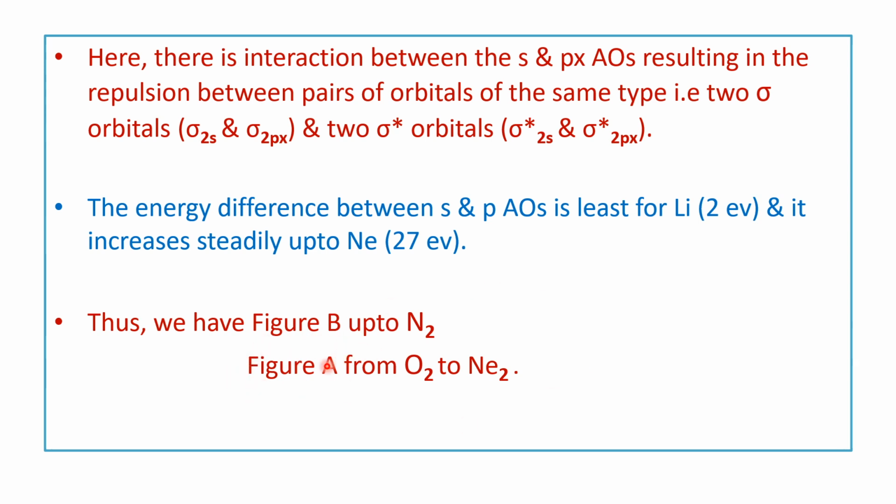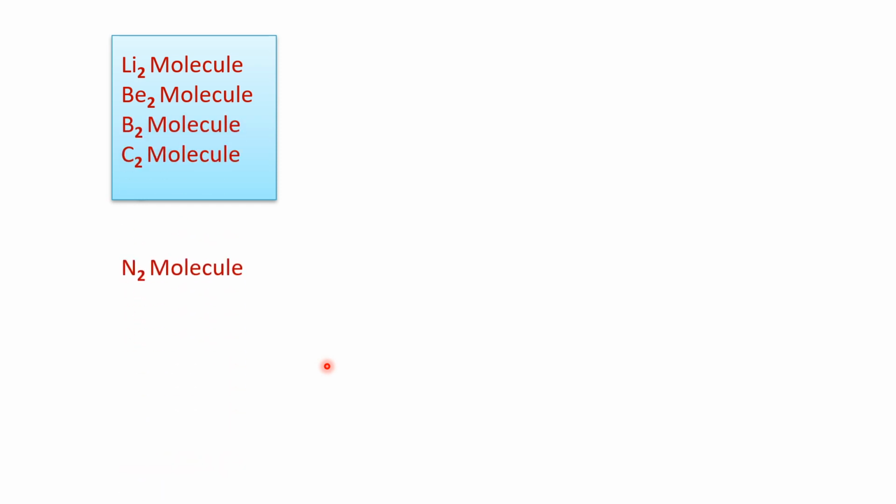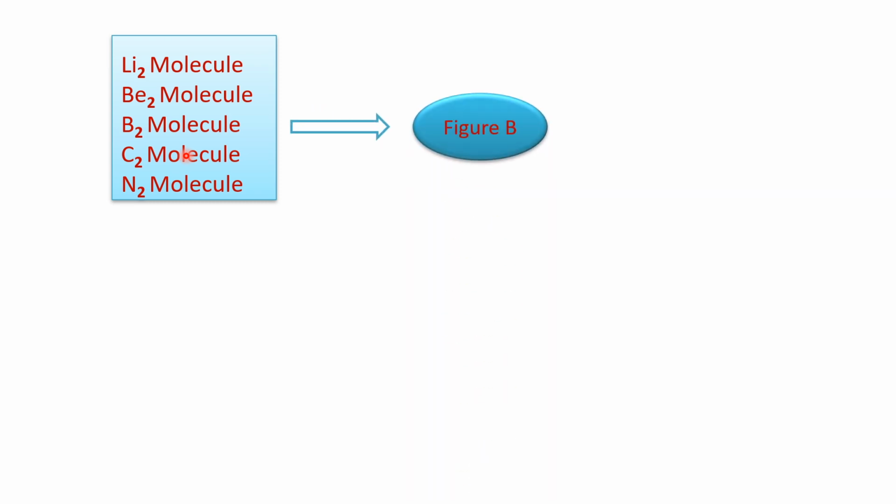Let us elaborate this in the next slide. We have the lithium molecule, beryllium molecule, B2 molecule, C2 molecule, and N2 molecule. For all these 5 molecules, we have to follow figure B. Figure B means there is an interaction of the s and the p atomic orbitals.